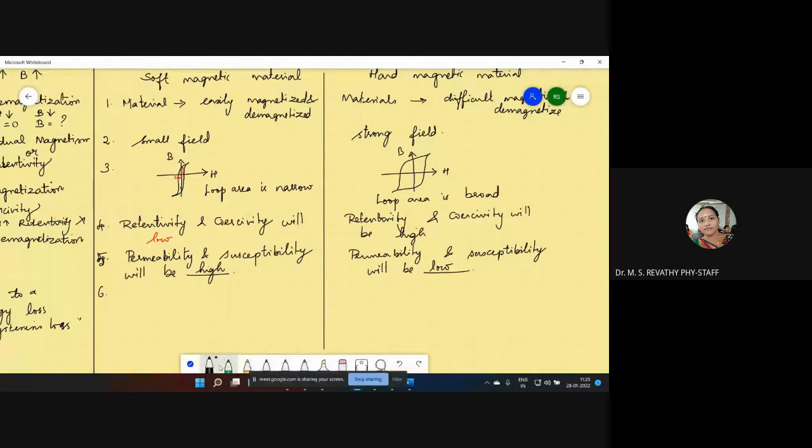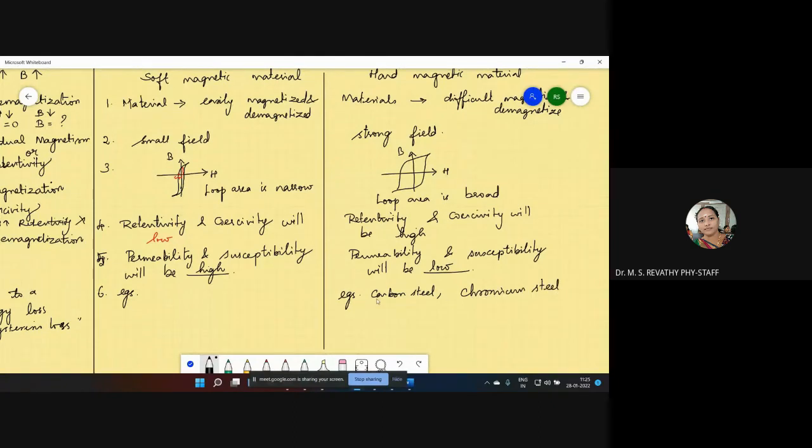So this point, I'm just going to give you the examples. Examples of soft magnetic material and examples of hard magnetic material. For hard magnetic material, mostly alloys of iron we can take, some steel. Example: carbon steel, chromium steel.